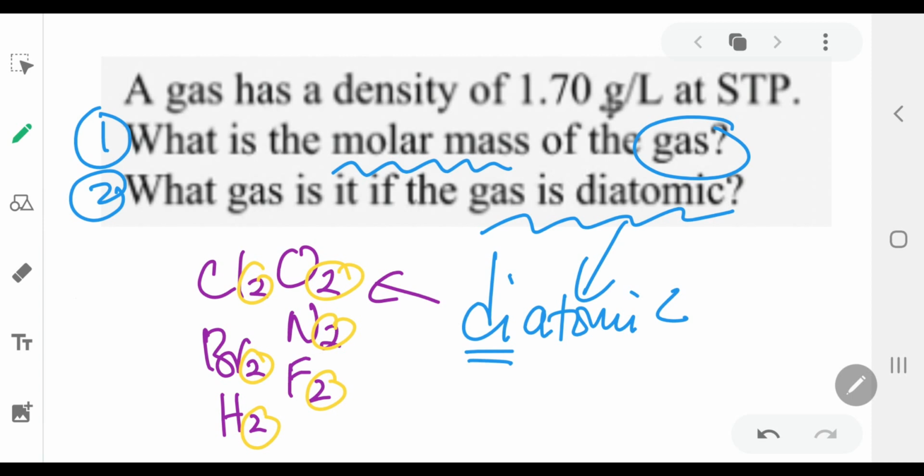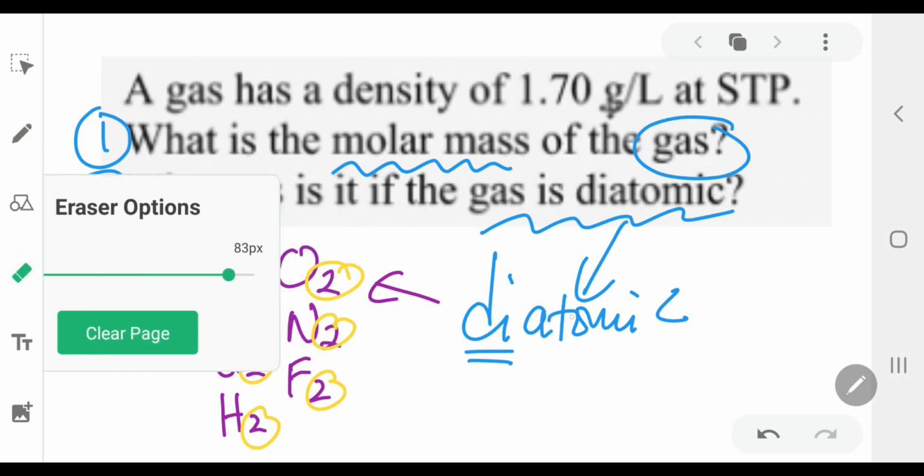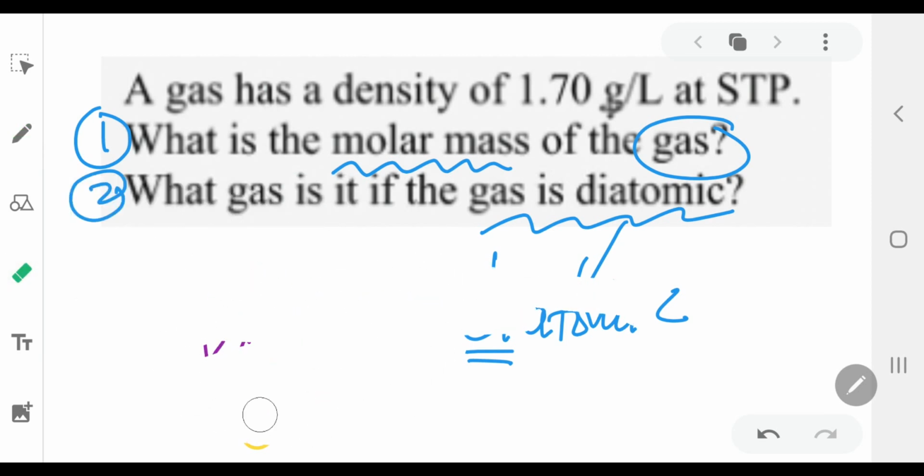So you have two things you need to complete in this problem regarding density of ideal gas. Yes, we're going to use the formula density equals PM over RT to solve this. I hope that is clear with you guys about the diatomic.